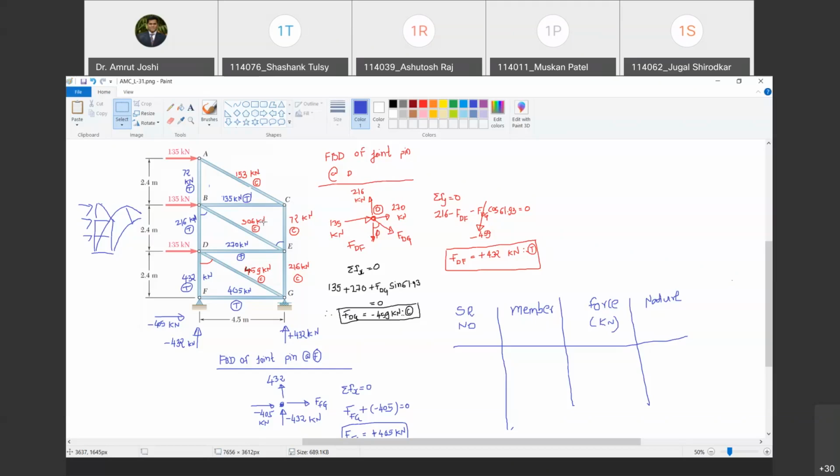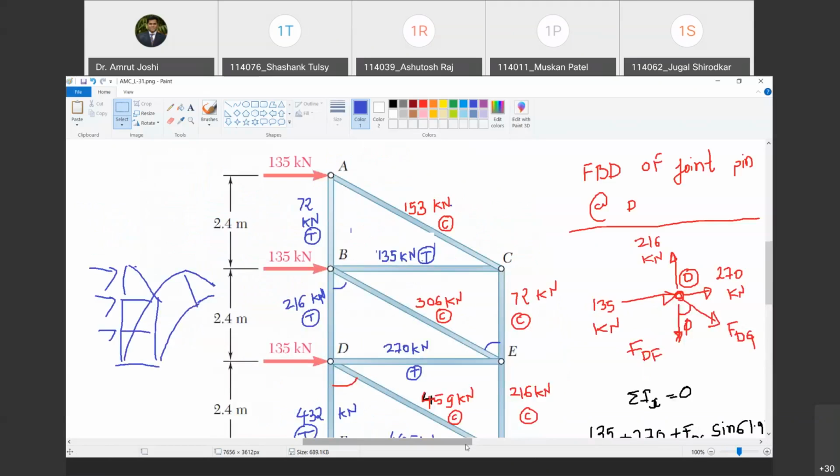Are you with me in this truss? Yes, sir. So I prefer this style of answering. It's up to you, you can choose any one of these styles. I am not going to write down the answer in this tabular form, that you write on your own. You have all the forces in all the members. Happy? So we are now going to summarize.